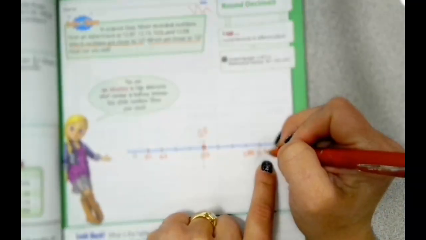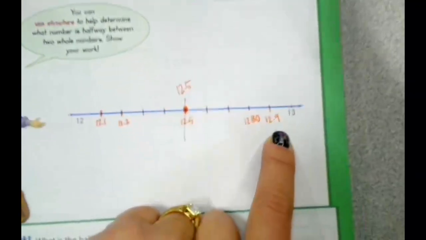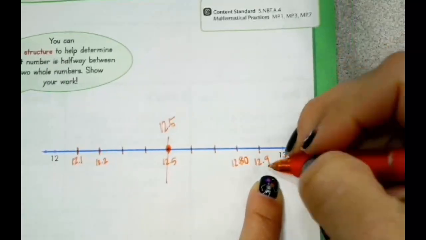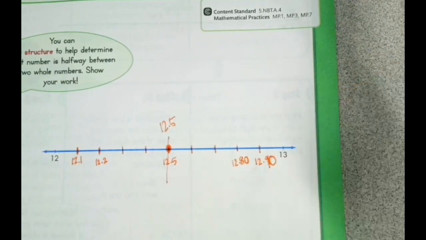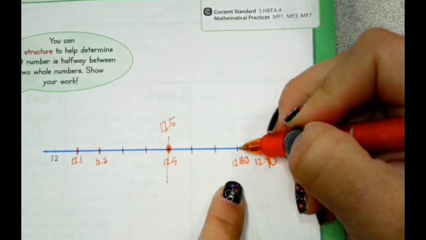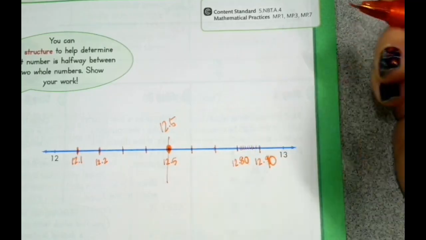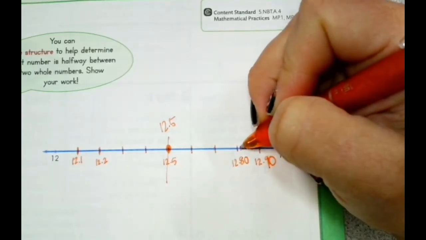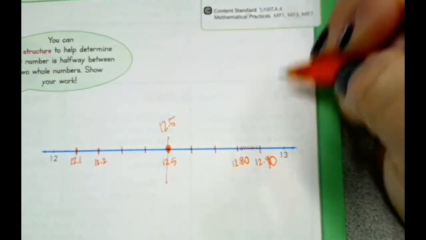Oh, it's really blurry, sorry. 12.9 is equivalent to 12.90, okay? And now I know that in between all of these are actually 10 more notches. Now I'm not really counting there, but we have 12 and 81 hundredths, 82, 83, 84, 85, 86, 87, 88. We have all the hundredths in between.